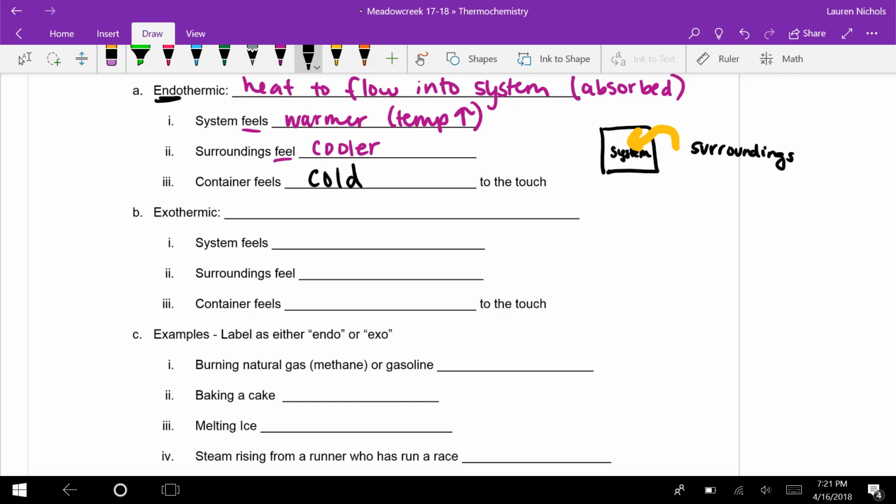Now, we know that in chemistry, we love graphs and charts, and we love chemical reactions. And so I want to look at what this graph might look like. On the x-axis here, we have time, and on the y-axis, we have energy. Sorry, I couldn't put it over there.